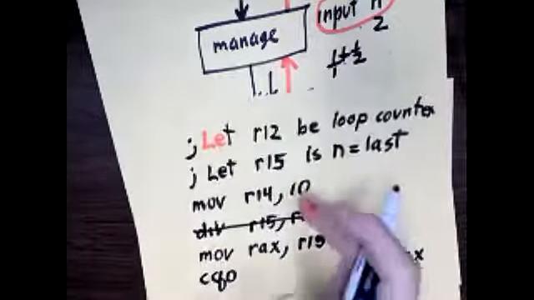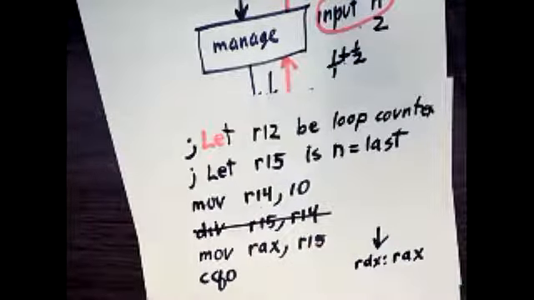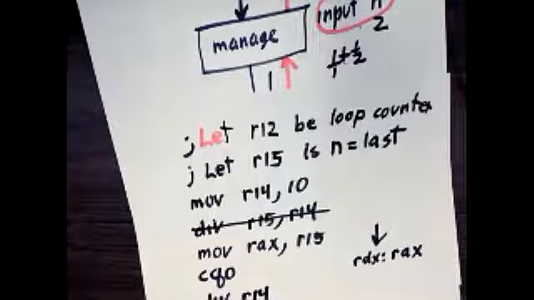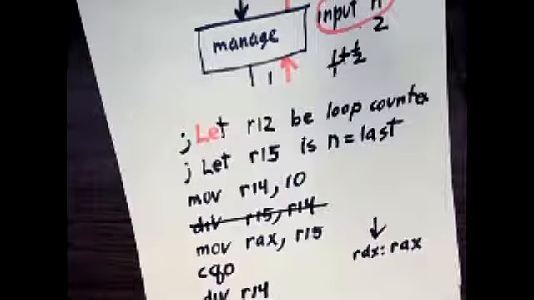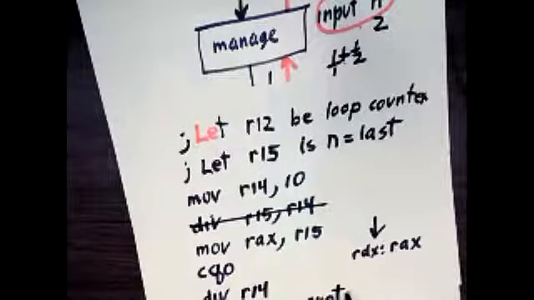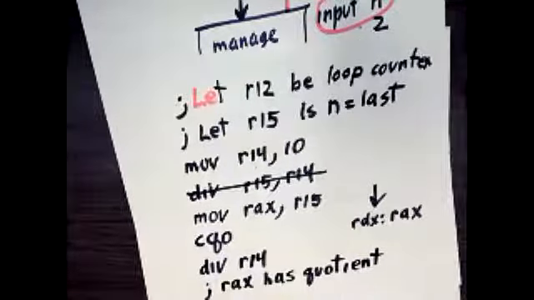Now our 10 is in R14, and we can say div R14. That's where 10 is. And the outcome is that RAX has the quotient, which we don't care about. We're going to discard that. But RDX has the remainder.